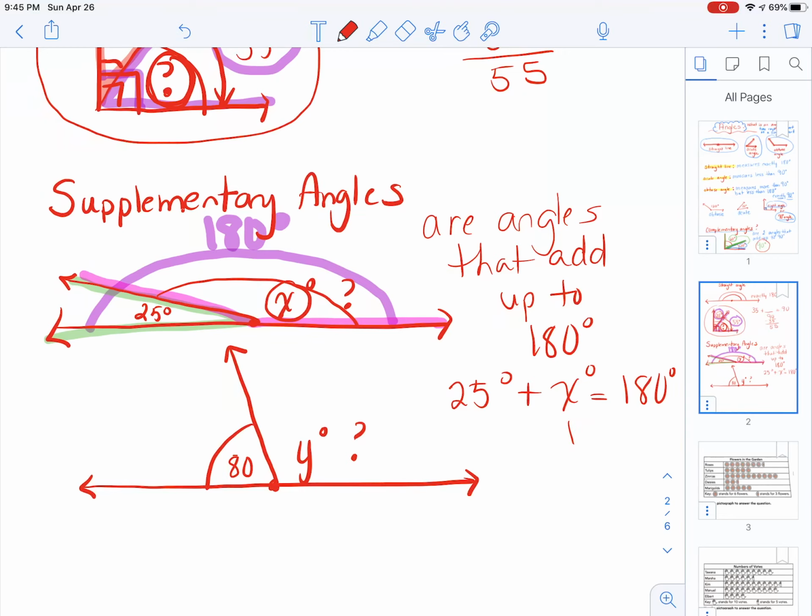Well, I'm going to use subtraction to figure it out. 180 minus 25. So angle X would equal 155 degrees.